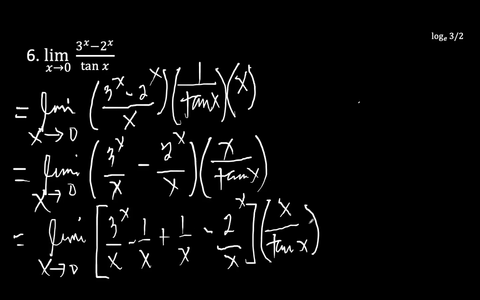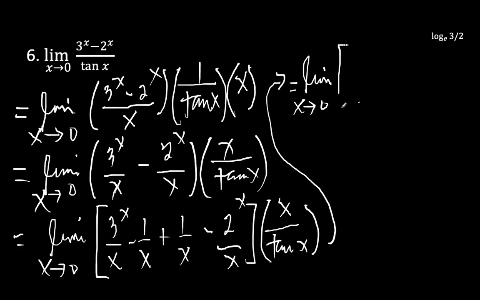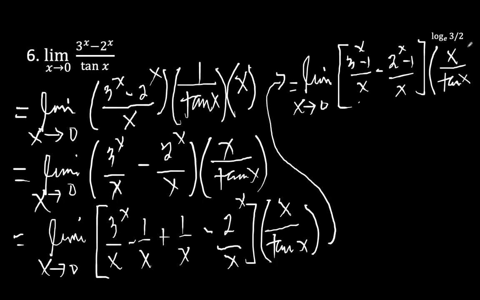Okay, so now let's rewrite or simplify the expression such that we can see how to deal with the problem. So we have the limit of a given expression: ((3^x − 1)/x − (2^x − 1)/x) times x over tangent x.